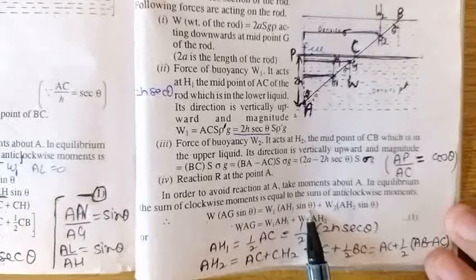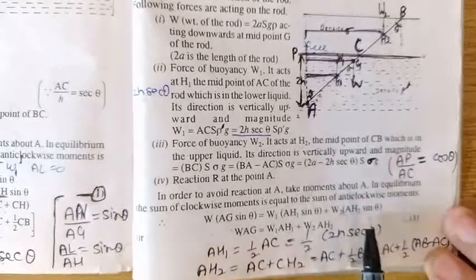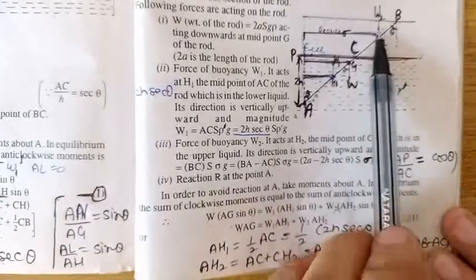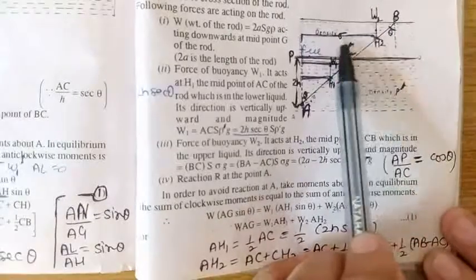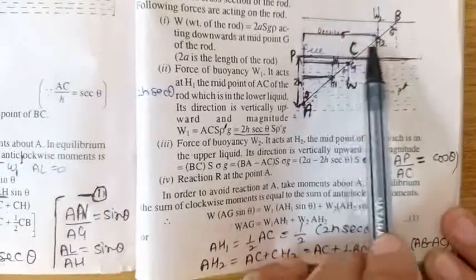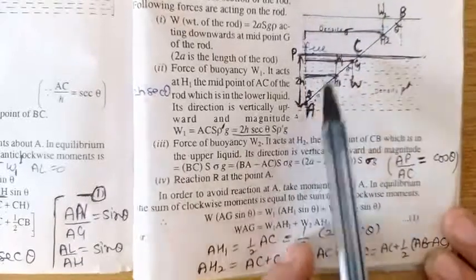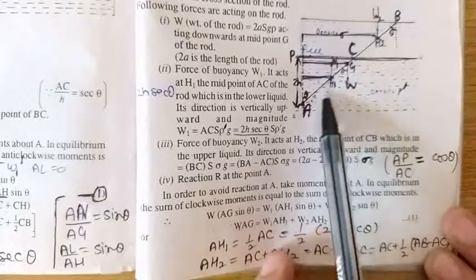Also the moment of W2 is given by W2 into the perpendicular distance of the line of action of W2 from the point A. This is the line of action of W2. So this is the perpendicular distance of the line of action of W2 from this point A. To find this distance, you can use this triangle.